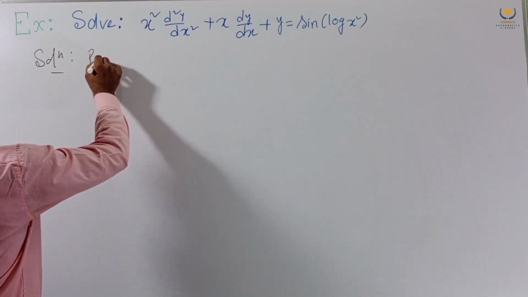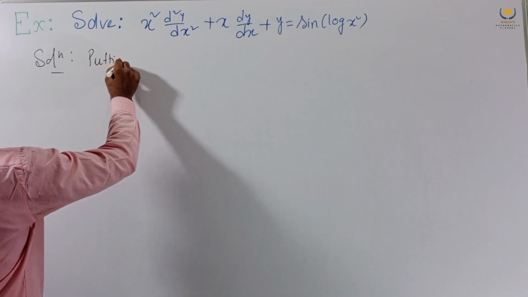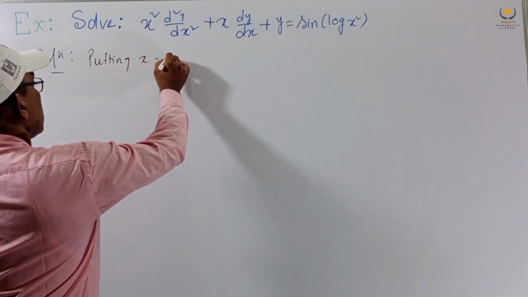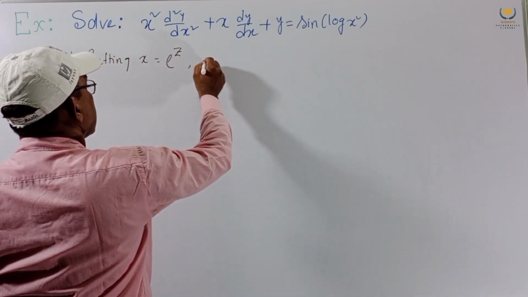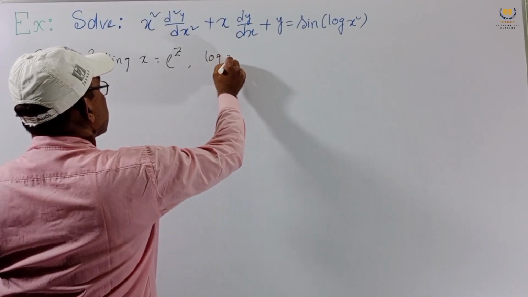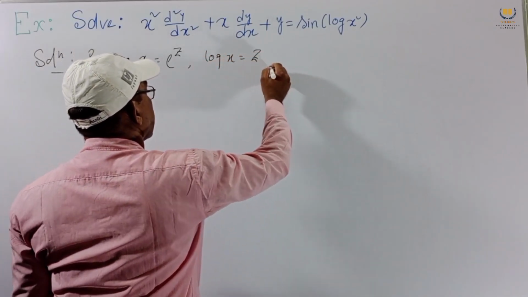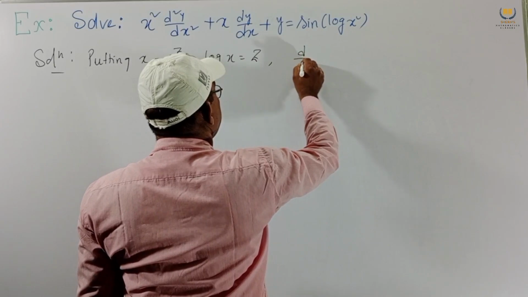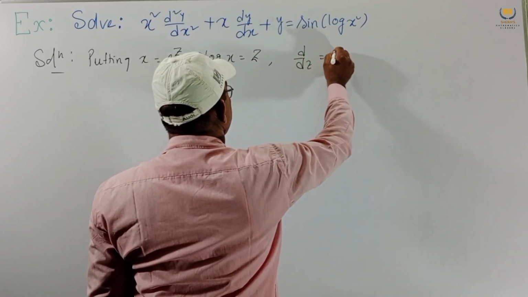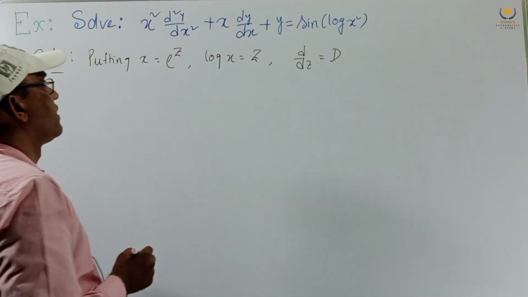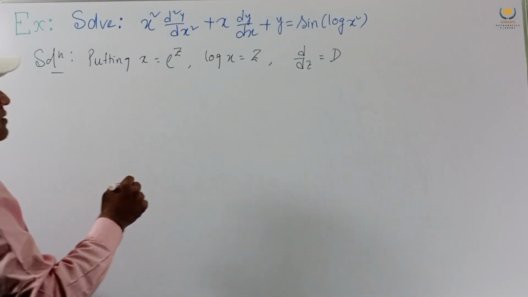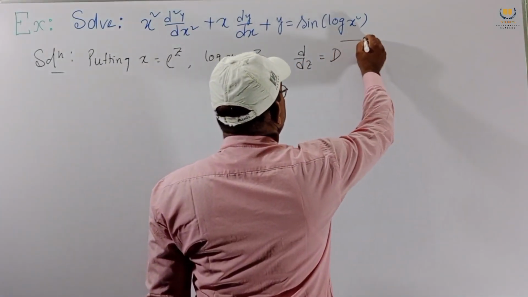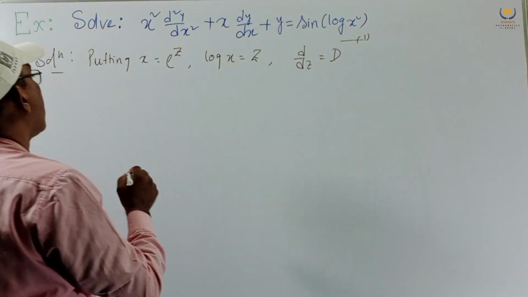So putting x equal to e to the power z, so log x equal to z, and d by dz equal to capital D. So we consider this is number directly 1.